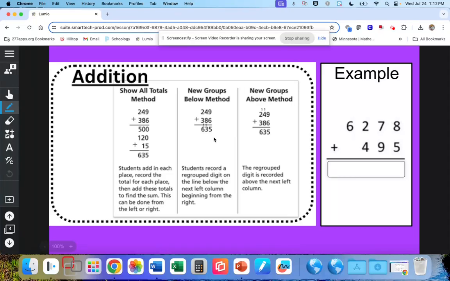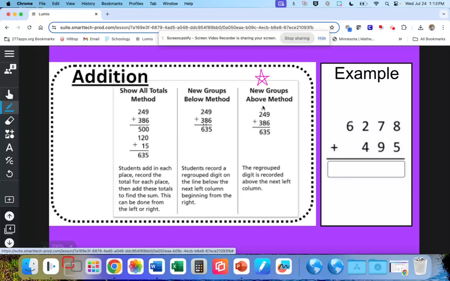Another method is new groups below method. This is where, as we carry over, we put our little amount down below. And then the last method, which is probably the one you're going to use the most often, the one that's taught the most often, is the new groups above method. In this problem, when you regroup, you always start on the right side, and when you regroup, you put the regrouping above.